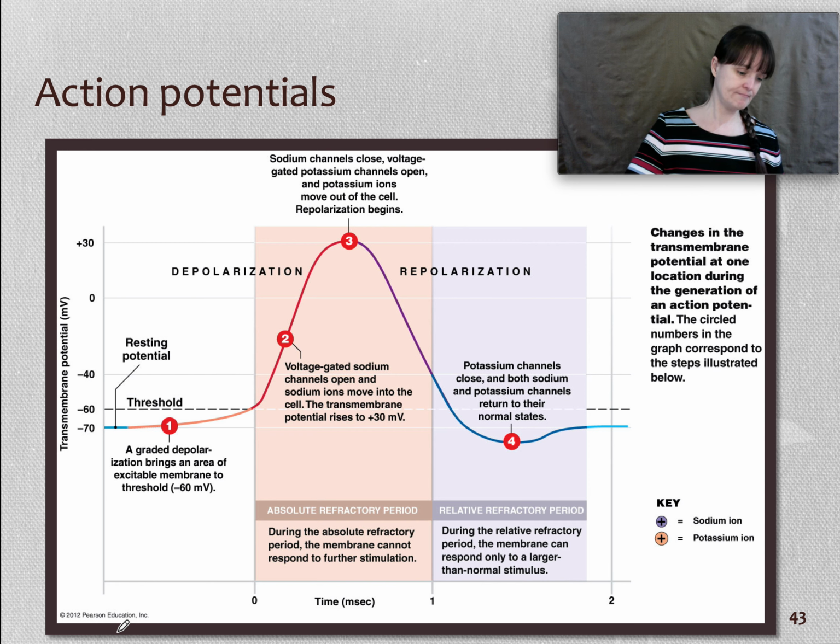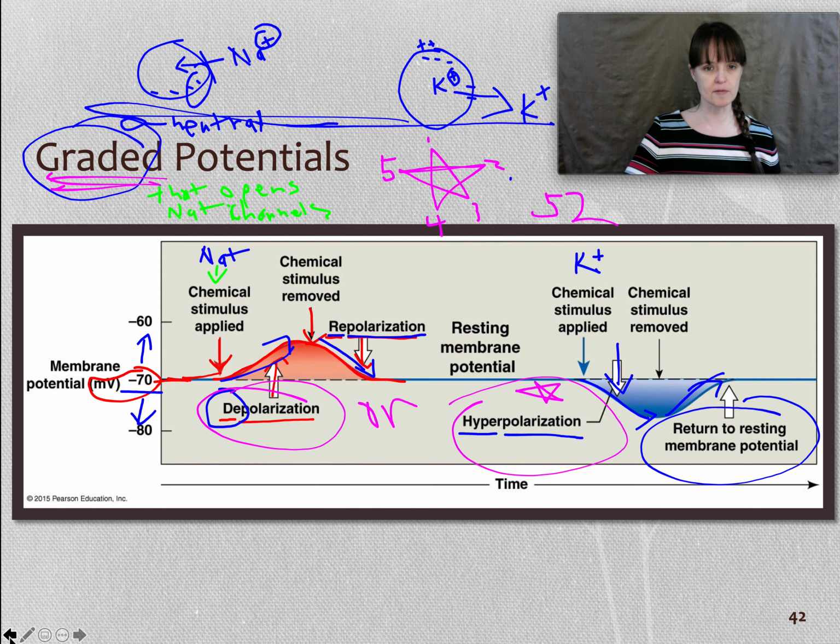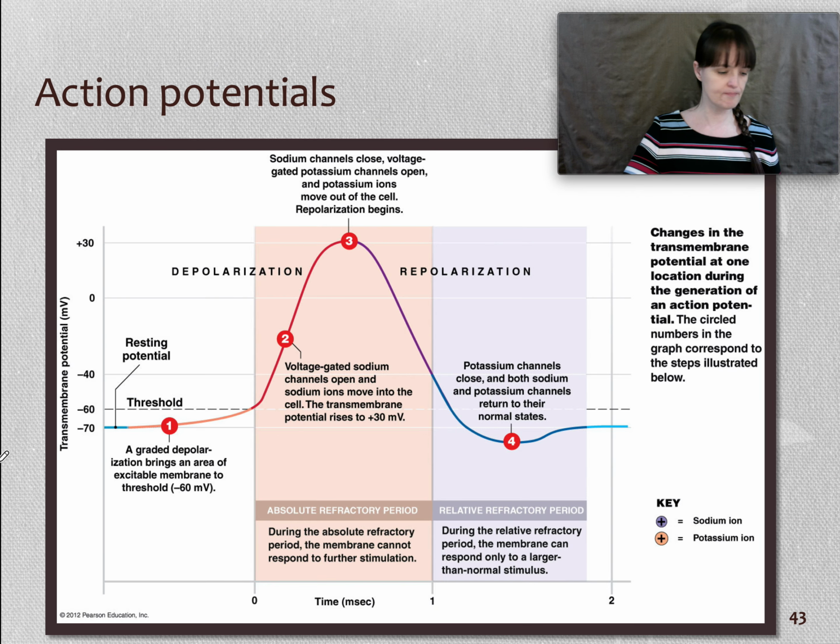Okay, so threshold. Threshold is the transmembrane potential at which an action potential begins, and that is negative 60 millivolts, which I covered more than I circled, so I'll write it down, millivolts.